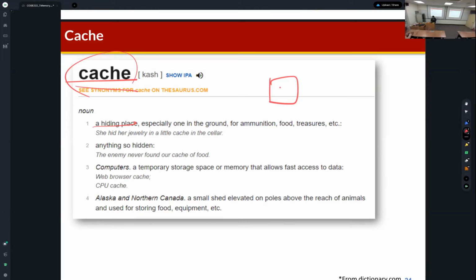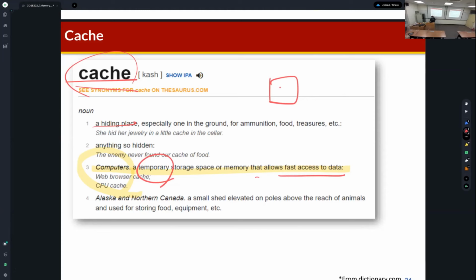But we need to focus on the definition of the cache in the computer system. You can find the definition in the third line. What is the cache? It's a temporary storage space or memory, so you can see the temporary, that allows fast accesses to data.